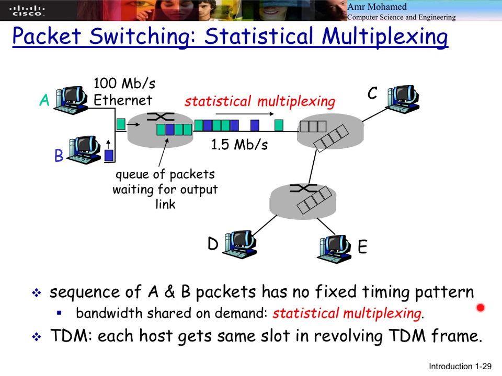So here, the main thing is that A and B do not have a specific sequence or specific resources assigned to them. Versus TDMA or TDM, time division multiplexing, where each host has a specific time slot, and these time slots circulate, in which case B might not have data to fill all these time slots, and those time slots will be wasted.